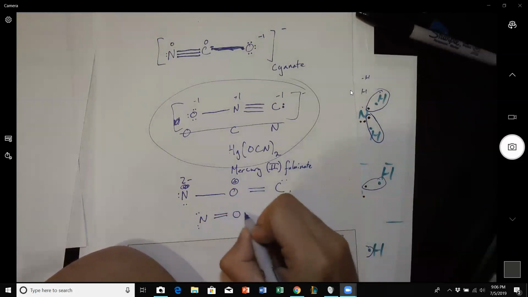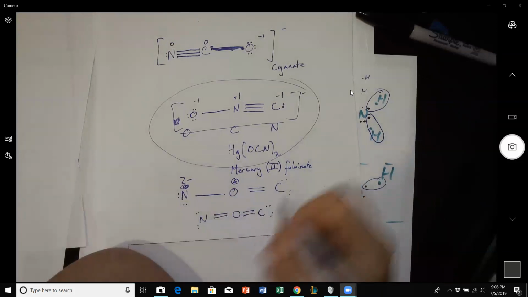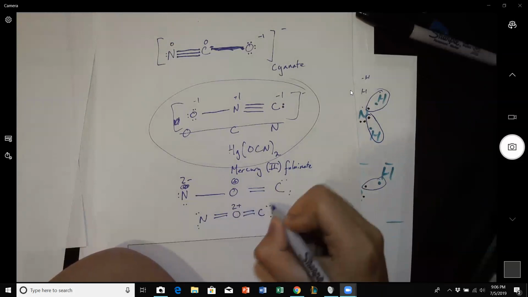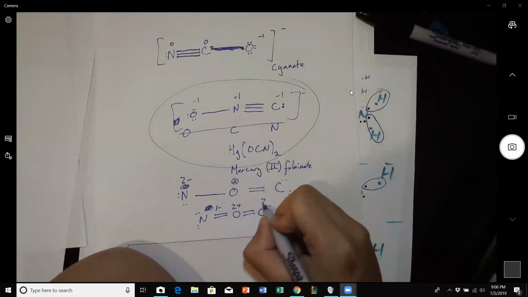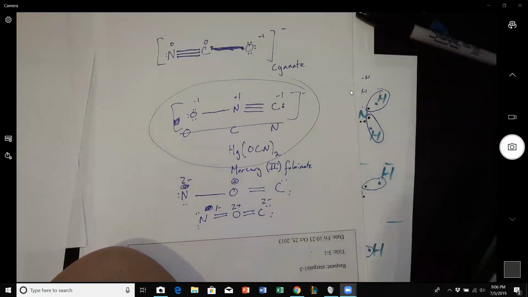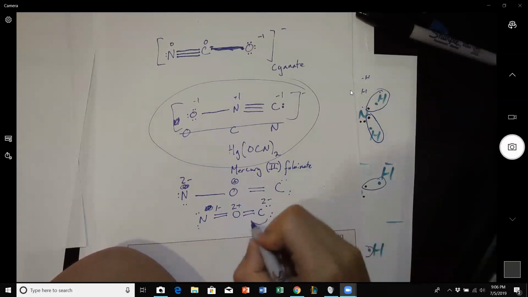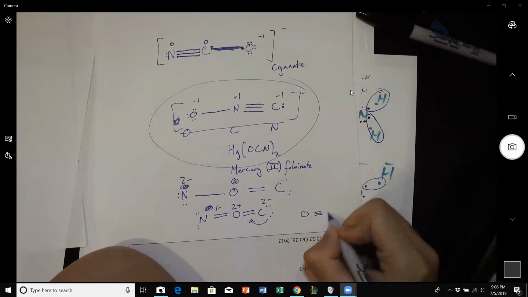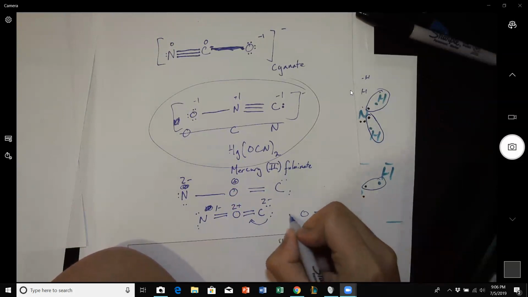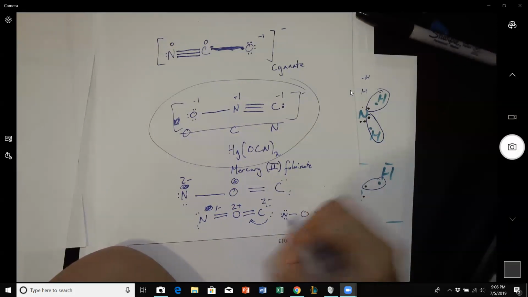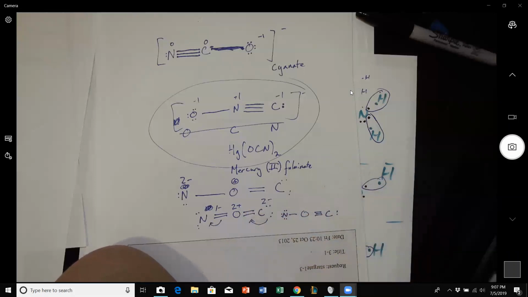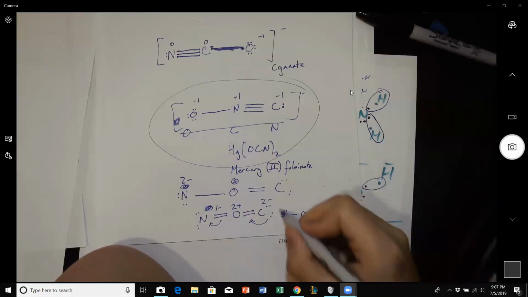Maybe this works. Okay, and then we can do that. And then this moves to here. So this is the best one I can come up with.